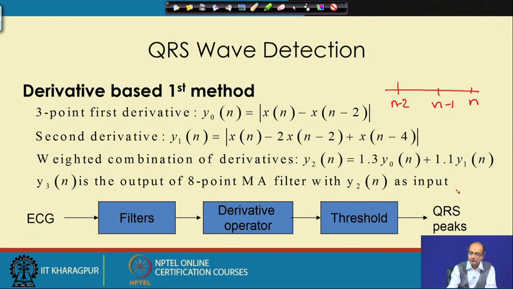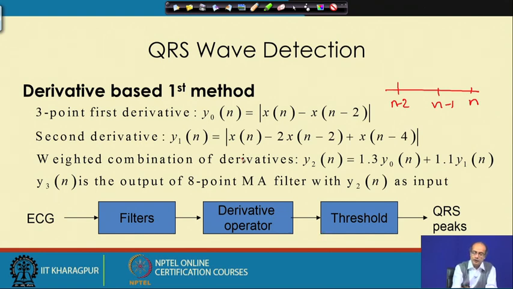In the same way the second derivative is taken. We can simply make use of this formula with x[n minus 2], and if that gives us some output, we can take the derivative of the signal again using the same form, and that gives us the second derivative.